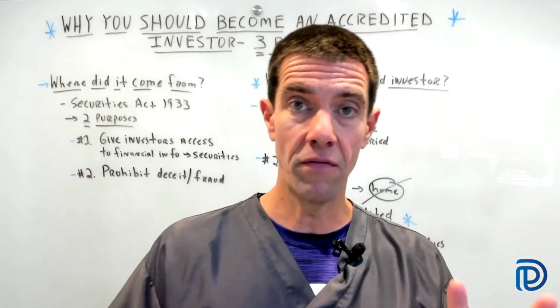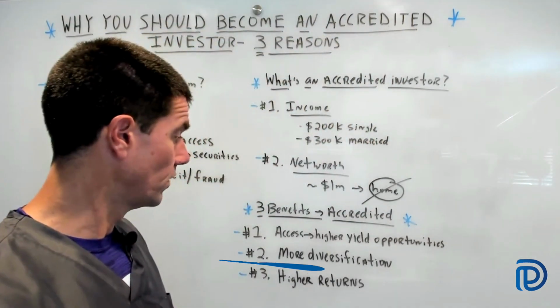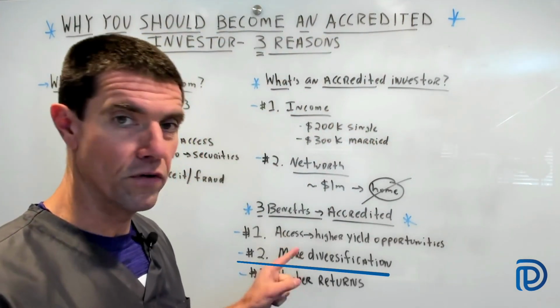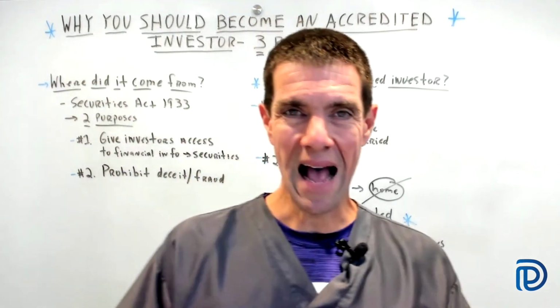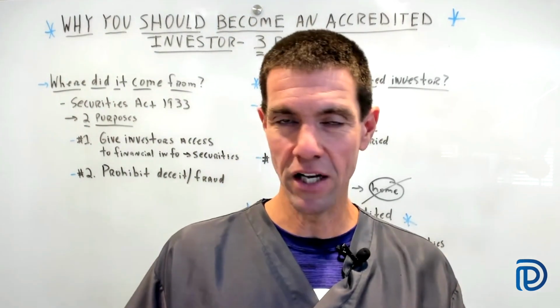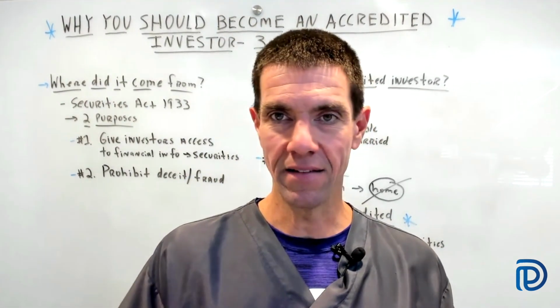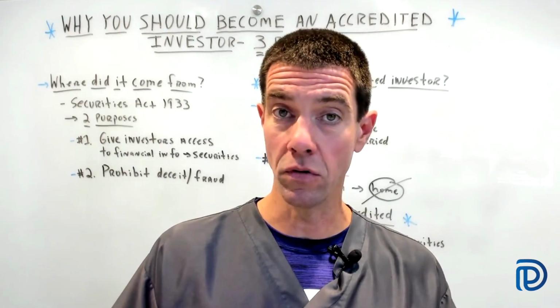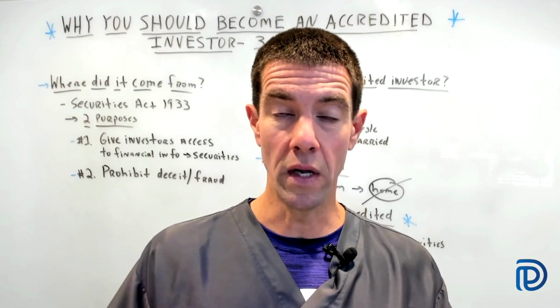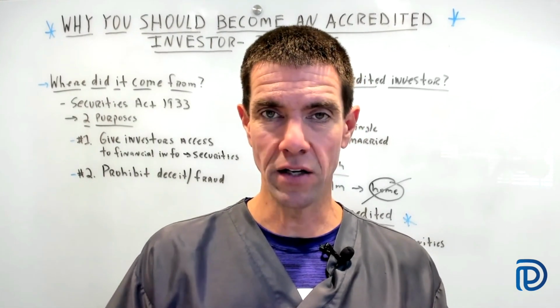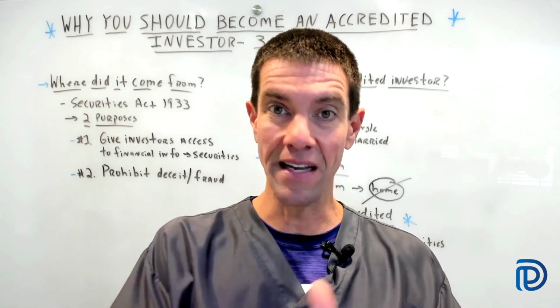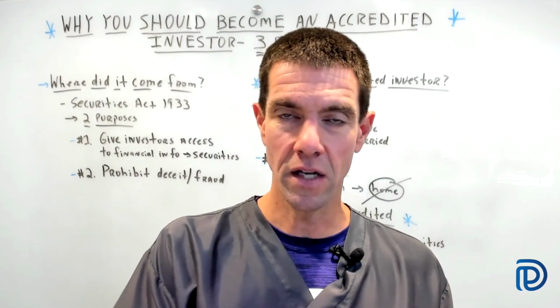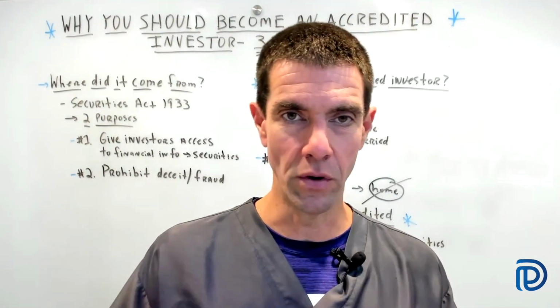All right, benefit number two of being an accredited investor is more diversification. In a high inflationary environment, having access only to the public markets really limits your diversification options for your portfolio. If you're accredited, you can diversify into investments that hedge against inflation, such as my favorite, cash flowing real estate.